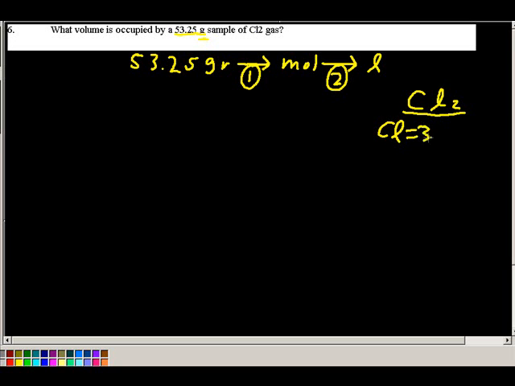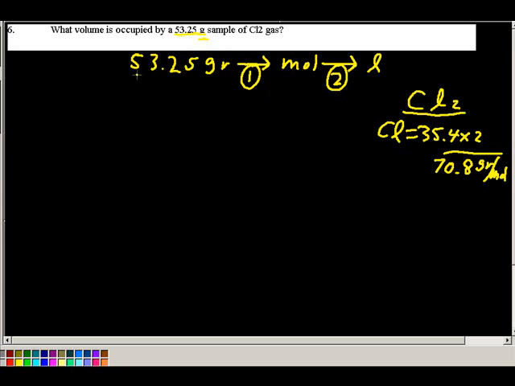Chlorine weighs 35.4. There are two of them. And so the total weight of this molecule is 70.8 grams per mole. Again, that means if you have 1 mole worth, which is 6.02 times 10 to the 23rd Cl2 molecules, it's going to weigh this much.